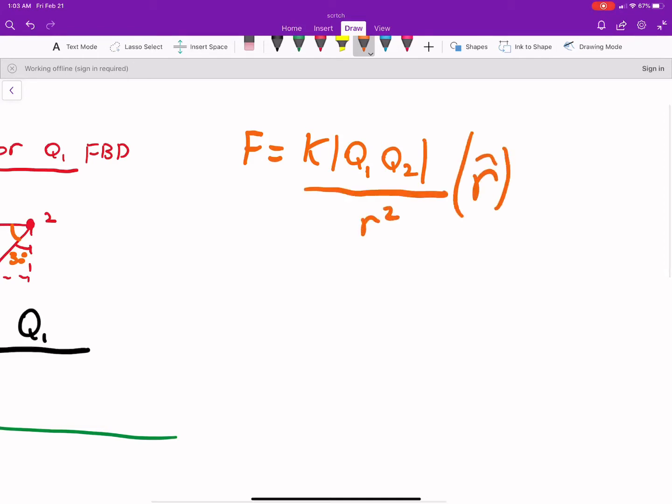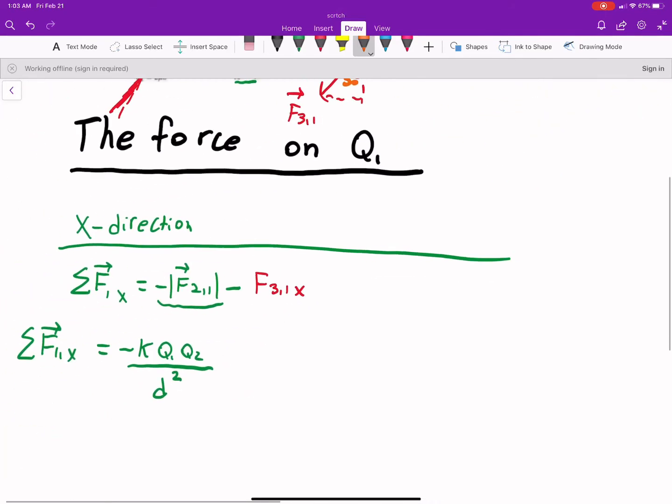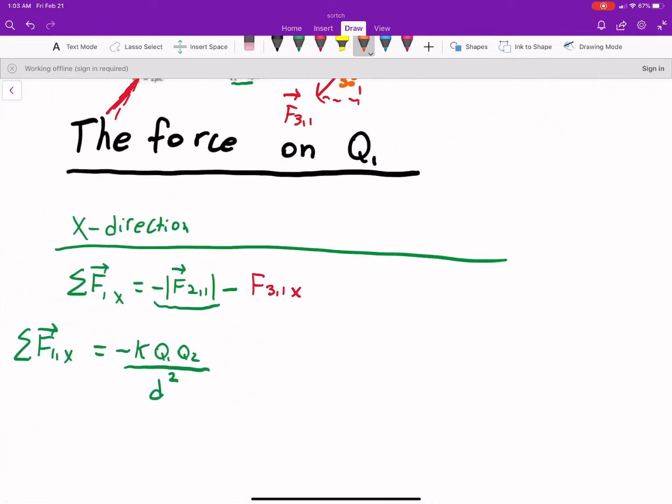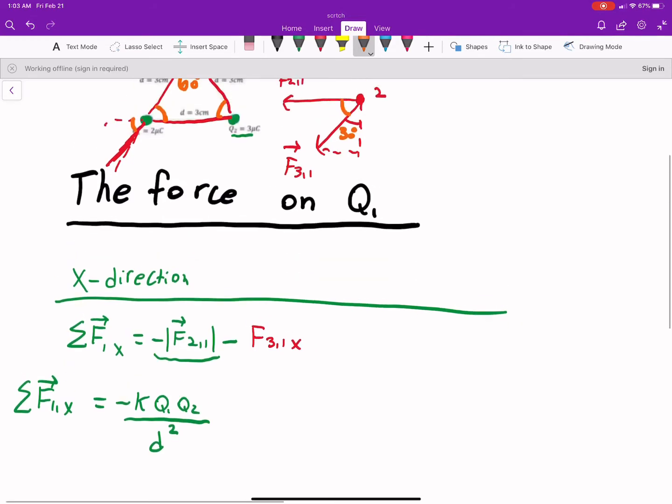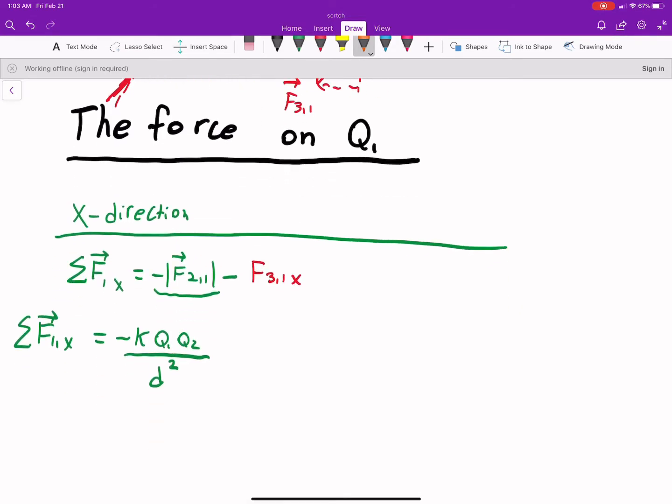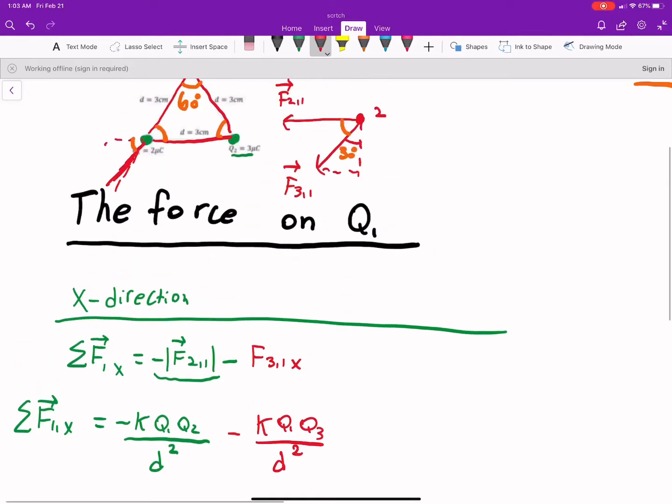The R hat's just implying it's a vector, which it is. So we can just take the magnitude of it, which is what we did for 2, because it's all in the x direction, minus k q1 q3 divided by d squared.